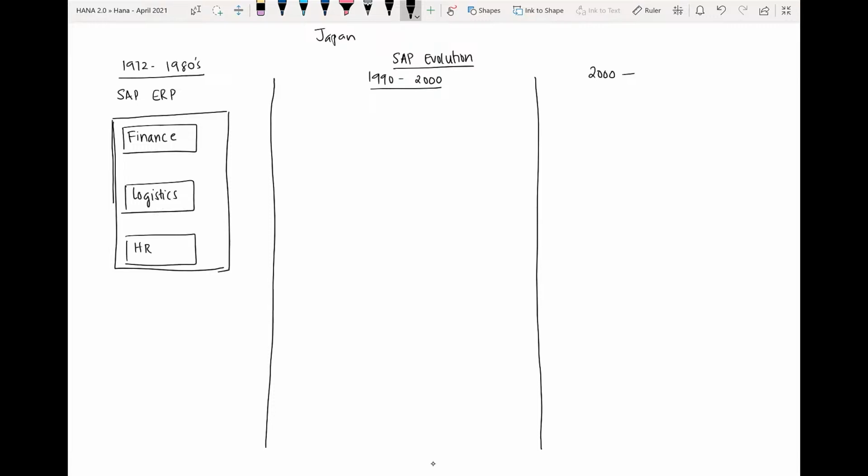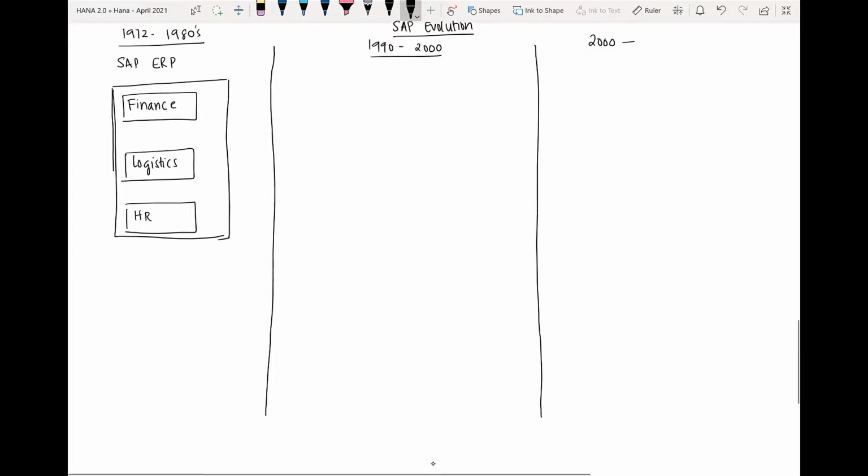These are the three major functionalities supported by SAP. So when SAP came up with this ERP solution, for each of these, let's call these modules.